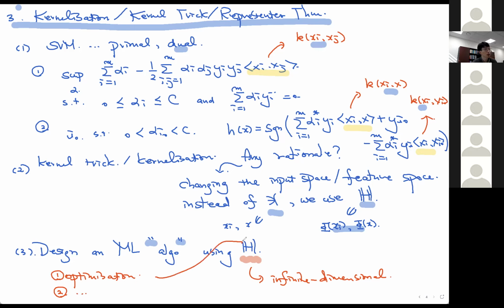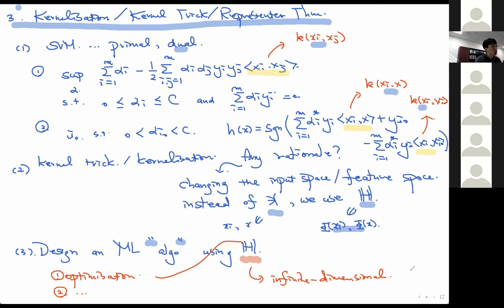But because this H is a very rich space, solving this optimization may be impossible, because the solutions can be, if it's a reproducing kernel Hilbert space, some arbitrary function, and then maybe it's very difficult to solve this optimization problem.